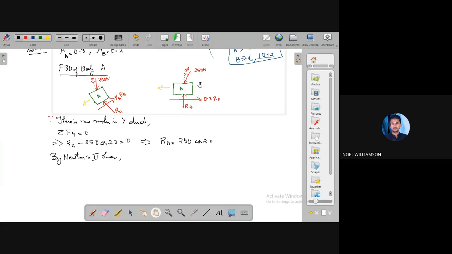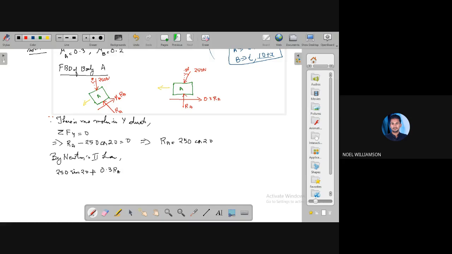250 sin 20, which is in the direction of motion itself, so it is taken as positive. So 250 sin 20 minus 0.3 Ra. Why is 0.3 Ra taken as negative?